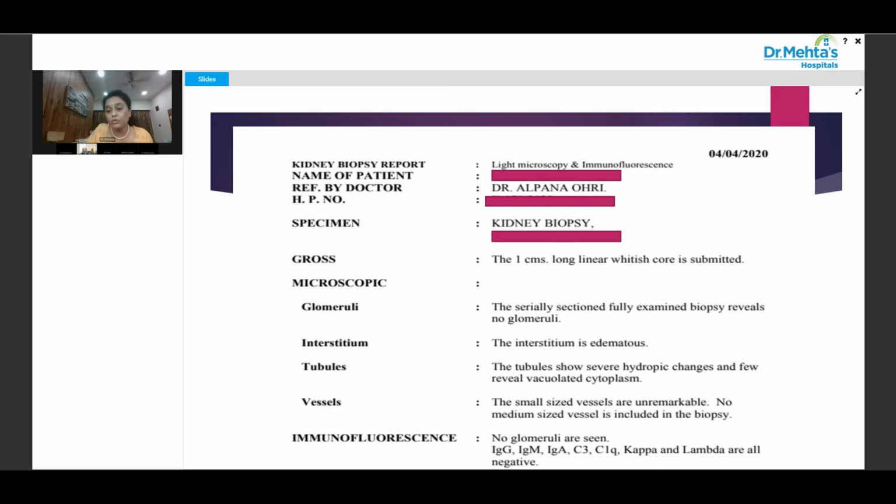Tubules showed hydropic changes with vacuolated cytoplasm. Vessels were unremarkable. There were no immune aggregates seen on biopsy.